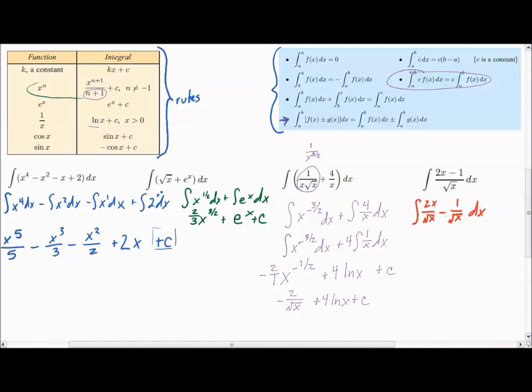Now from this point I will separate it into two integrals using that fourth property. So I'll write it, and actually I'll take this 2 and I'll bring the 2 in front as well according to that sixth property. So I'll rewrite it as 2 integral. Now x over root x is x to the first over x to the 1/2, which is x to the 1/2 dx, minus, and then this is of course x to the negative 1/2, minus the integral of x to the negative 1/2 dx.